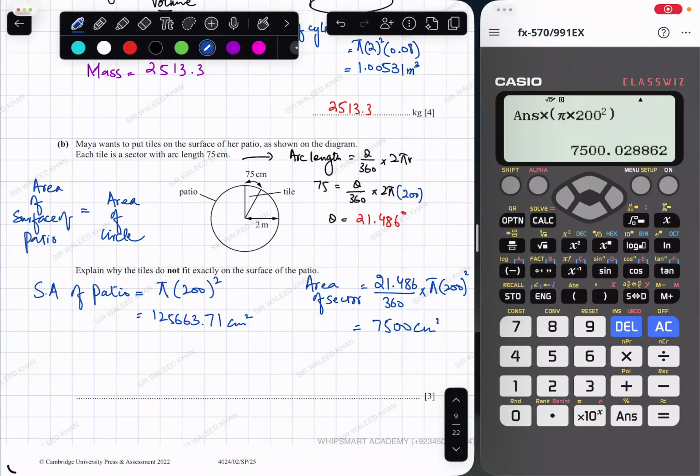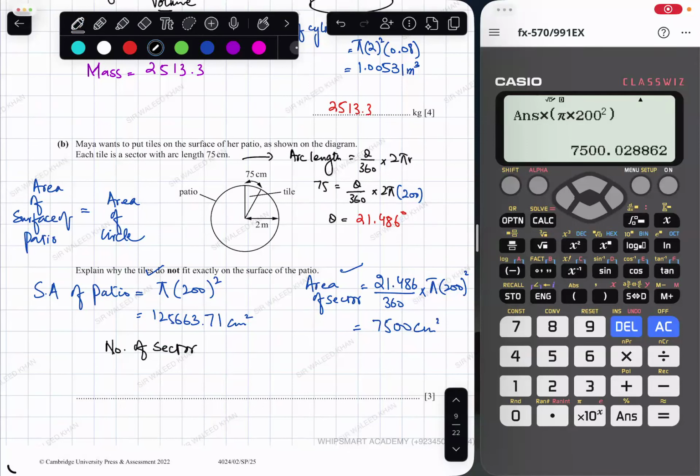Now what we can do to figure out if it is going to fit exactly is divide both of these, right? The area of sector and the surface area, the ratio. If they completely divide, we have a whole number, right? Then we can say that it is going to fit completely. But if it doesn't, then we can say that it does not fit completely.